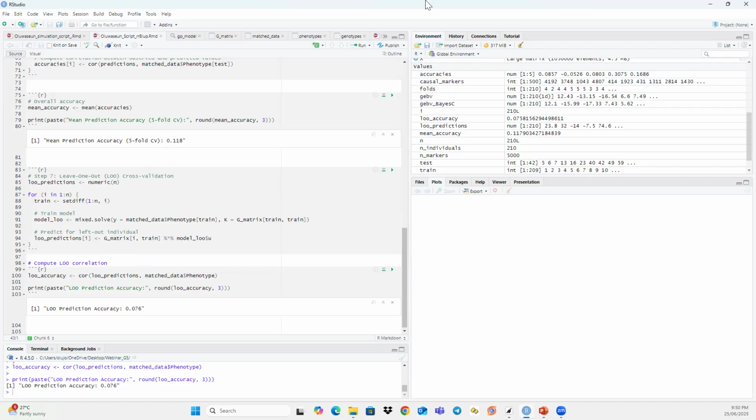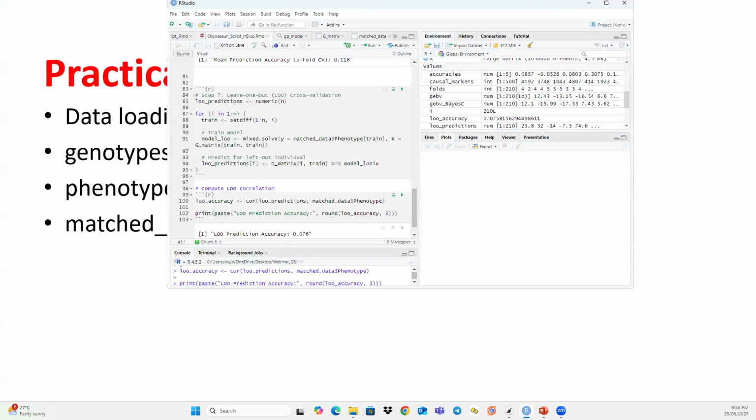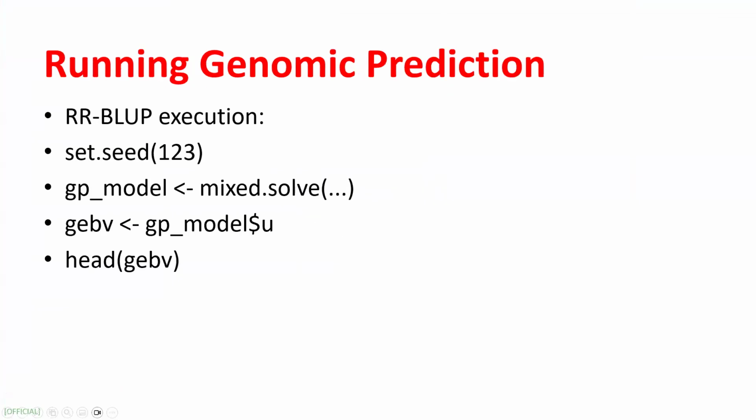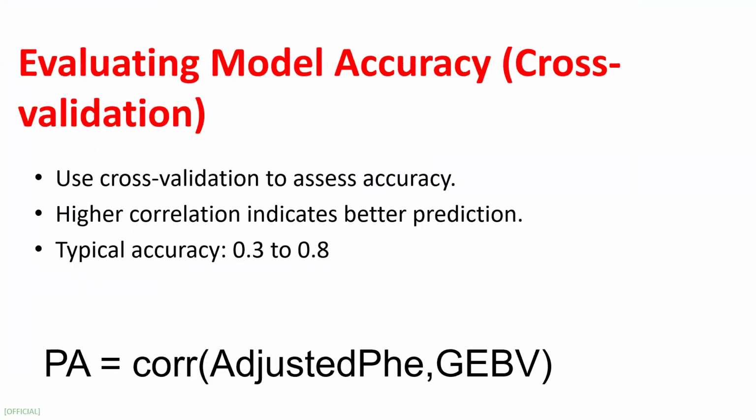Let me share my PowerPoint again because I think I mentioned what is typical. Okay. So yeah, I said typically you have 30% to 80% for most traits.